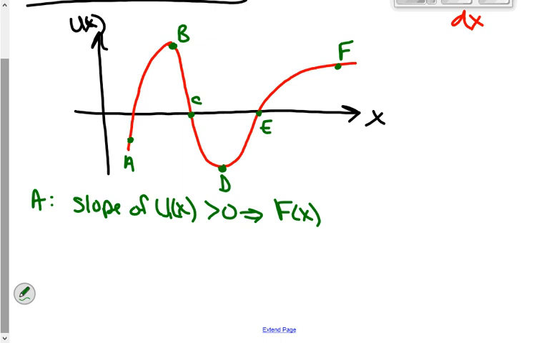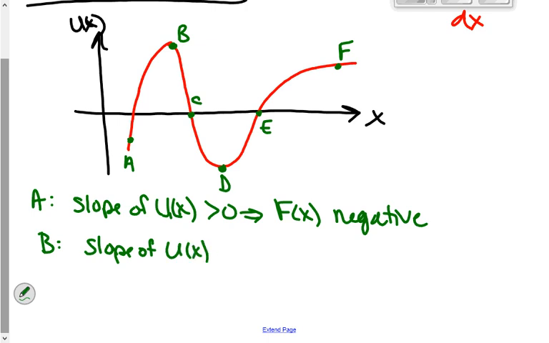Negative, okay, because if the slope is positive and the force is the negative of the slope or the derivative, then the force will be negative. How about point B? What's the slope of U of x at point B? Yeah, it really should be at the top, which tells us that F of x is what? 0.